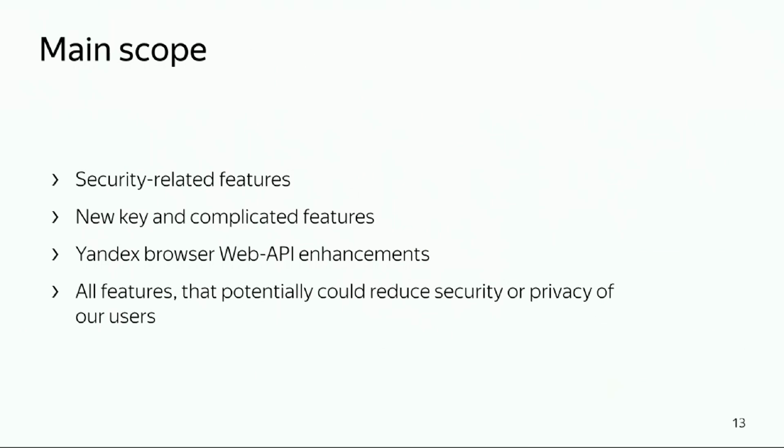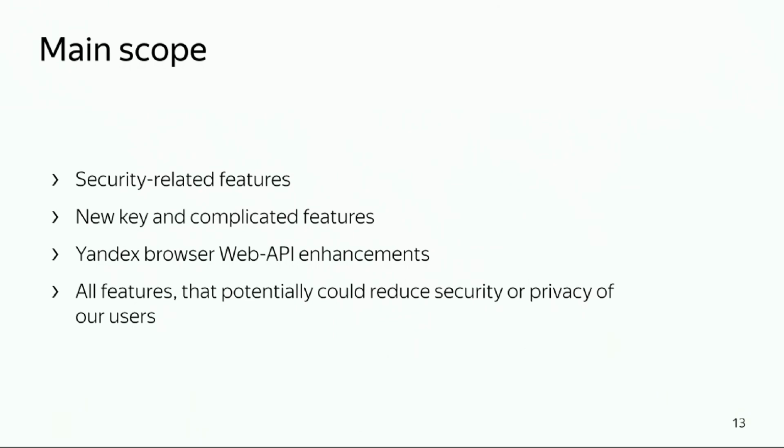Okay, the main scope for our SDL is the security features. We could not cover the whole browser with this process because it's difficult, but we cover several main parts. For example, all security features should pass the full cycle. Also, new and complicated features should pass the full cycle.